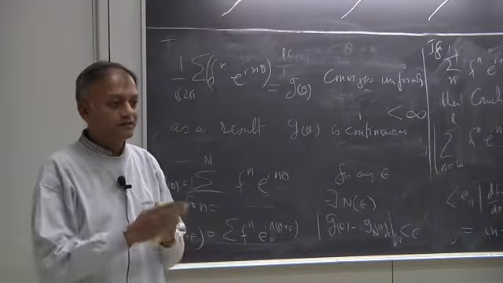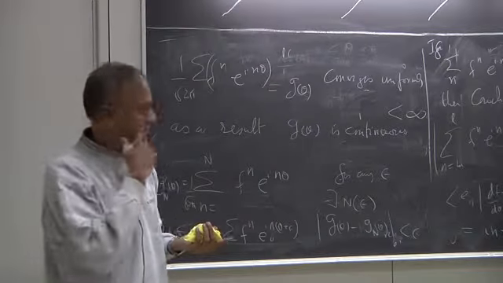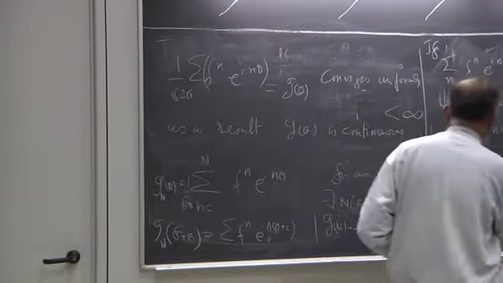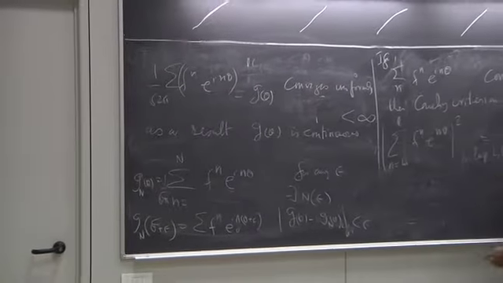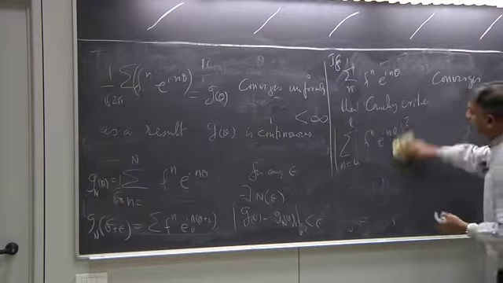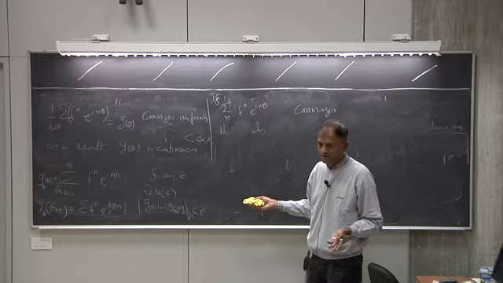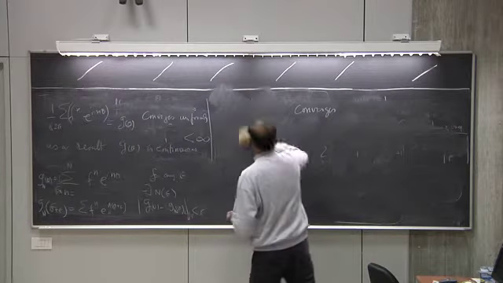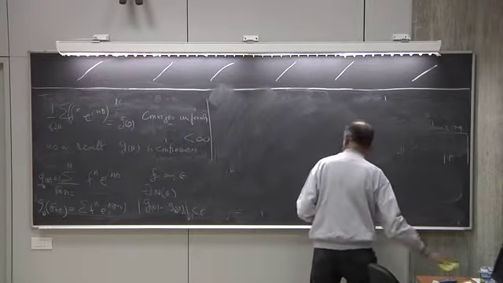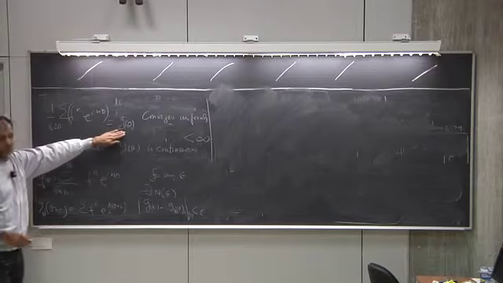That can happen only if it's not uniformly convergent. Of course, it can happen the other way, meaning that sometimes maybe it's not uniformly convergent, but still the function is continuous. That can happen. So the conclusion is that this result is a continuous function.